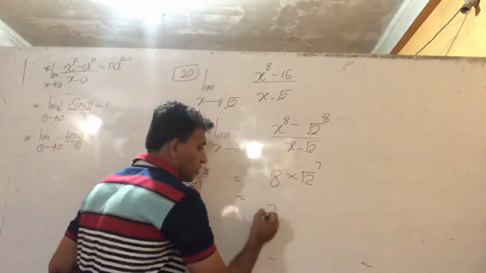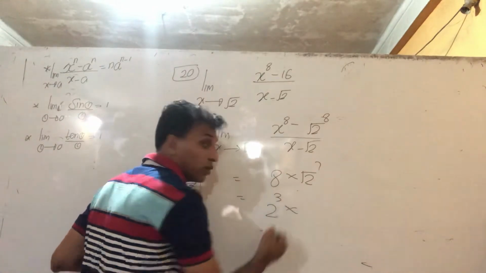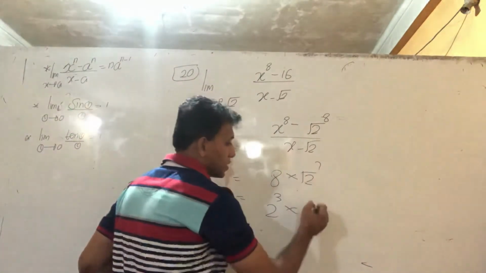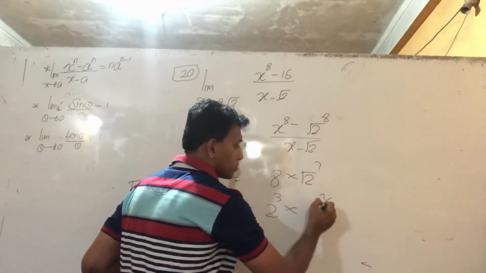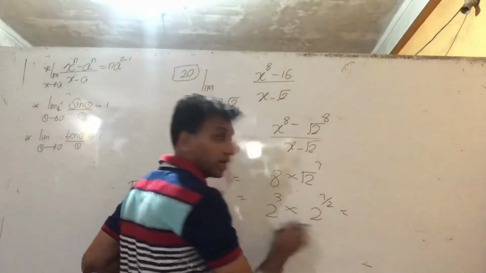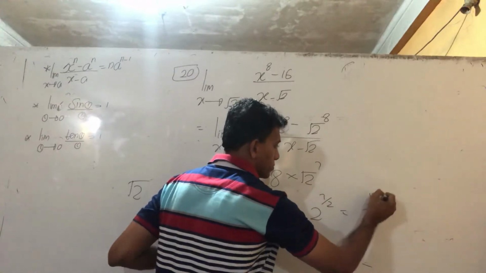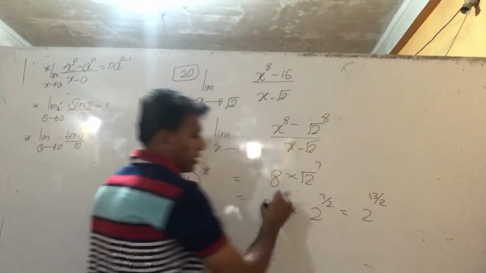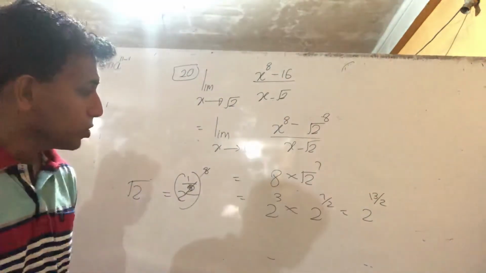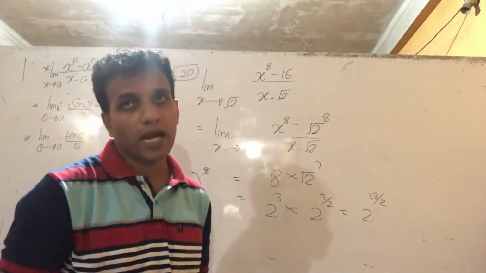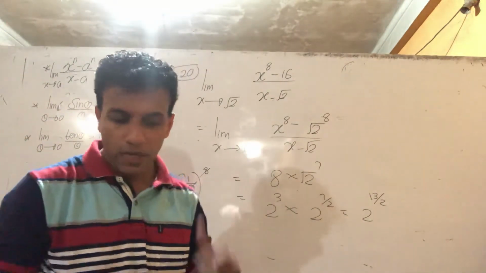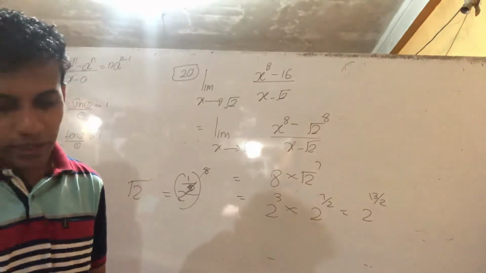Otherwise here 2 to the power 3, 2 to the power 3, no 8. Okay. But it is 2 to the power 7 over 2. Or otherwise, if we add both, 3 plus 7 over 2, 2 to the power 13 over 2. That's the answer. Unique solution, but straight application, you can't get the answer.